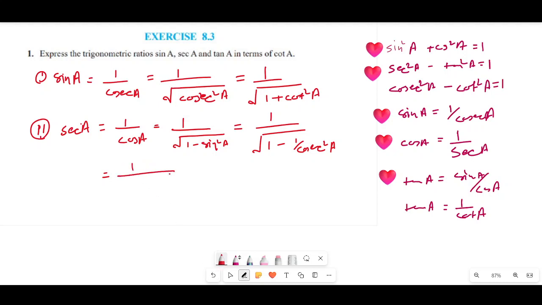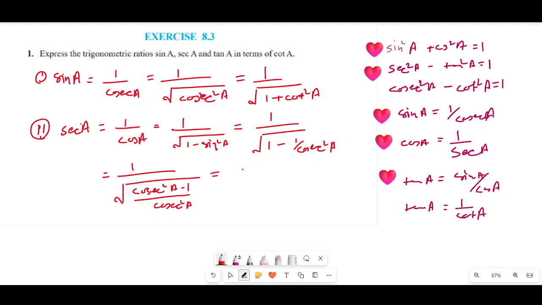First 1 by square root of cosec square A minus 1 upon cosec square A.